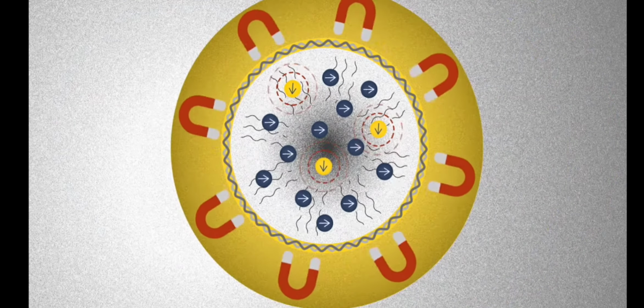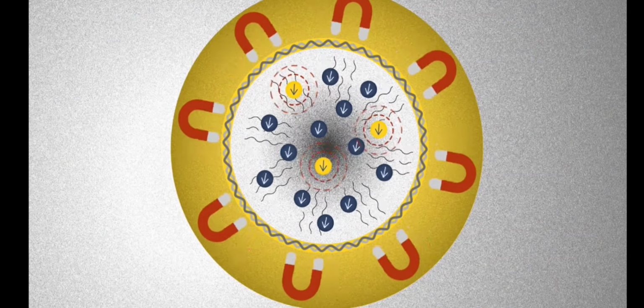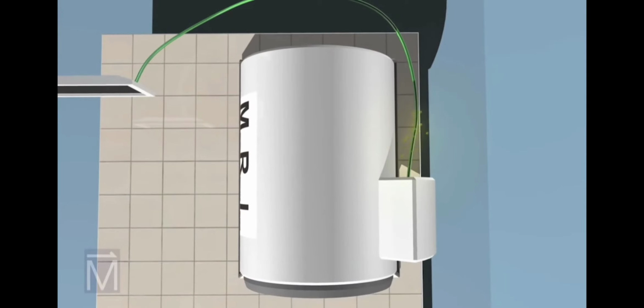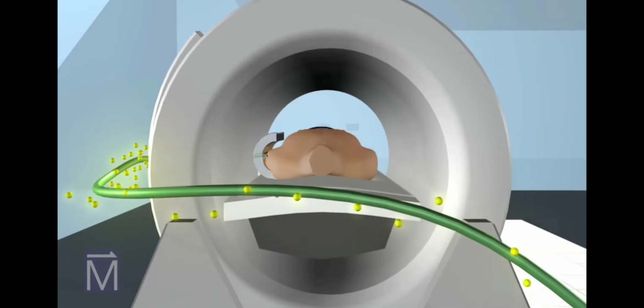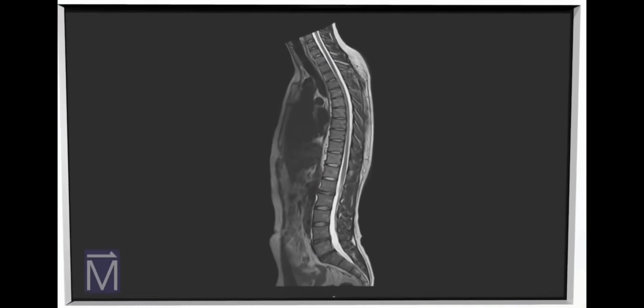This movement is detected by the MRI machine, and the signal is sent to a powerful computer. The scanner processes the signal using advanced algorithms to produce the image.